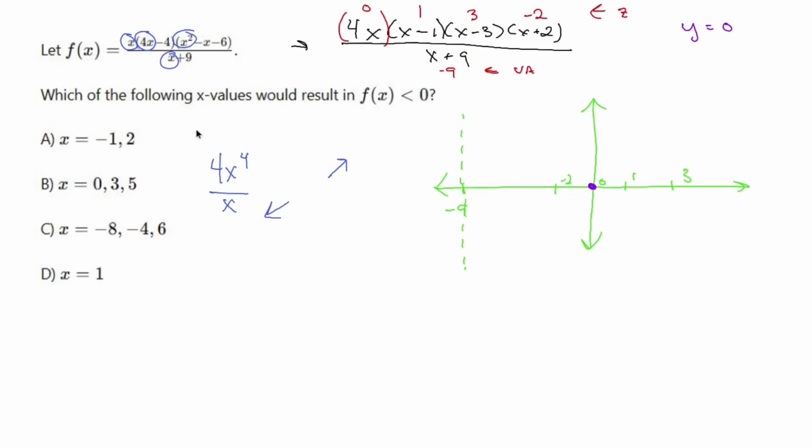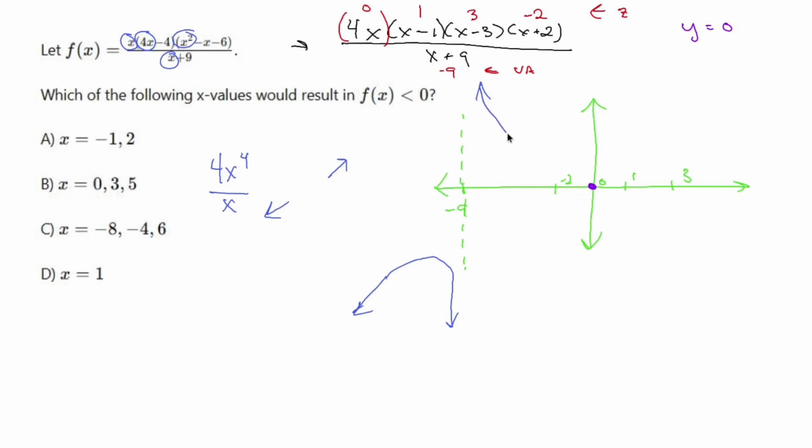So I have enough information to draw myself a decent looking picture. What this picture is going to look like is you're going to start down here. Now as this is moving up, it's not going to hit a 0 at any point before my vertical asymptote. So this is going to come back down, never cross the x-axis, and explode down there. Now since there's no multiplicity, it's going to reappear up here.